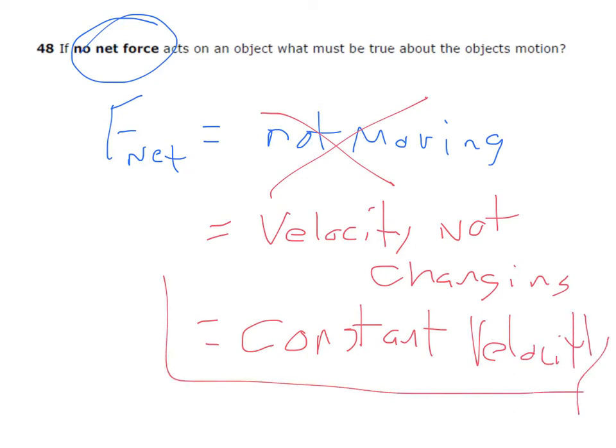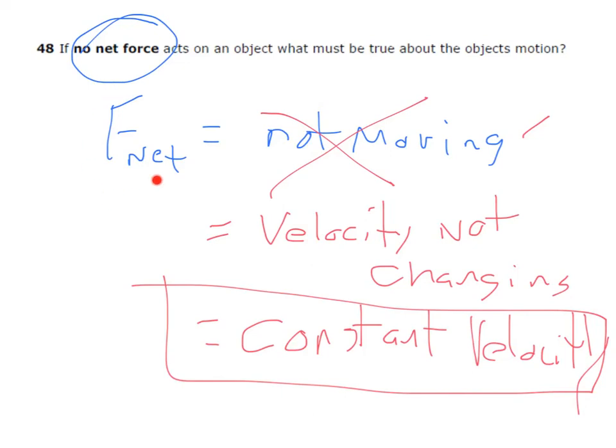So that's the correct answer. Is it possible that the object is not moving? Well, sure, it's possible. But what if the object is coasting? It can be coasting along like a hockey puck on ice or an object floating through space.